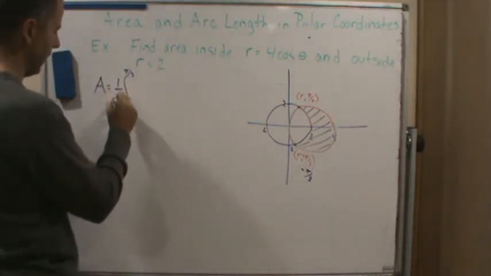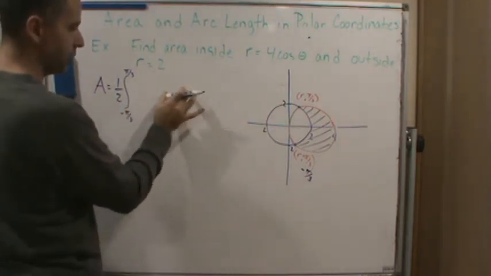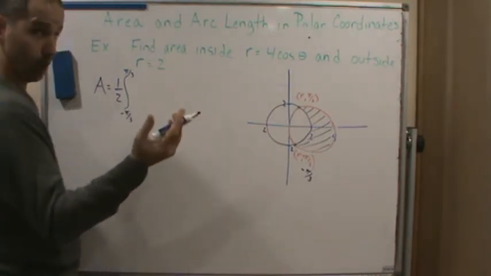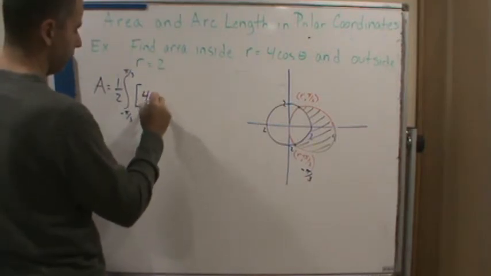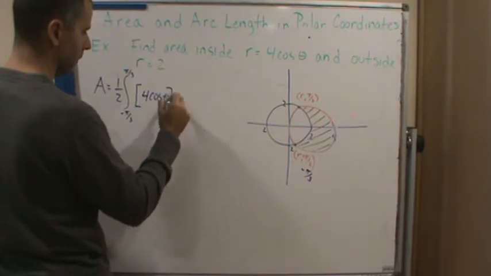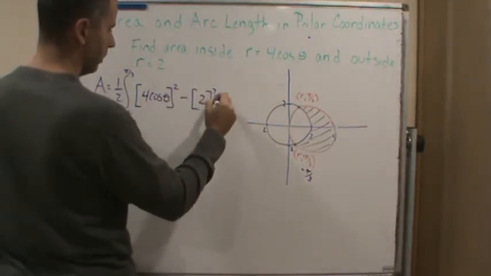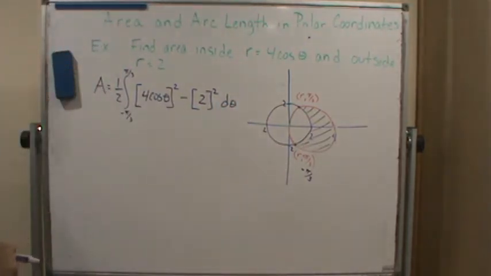Okay, so we're going to do 1/2. And now what are we going to do? We're going to take the difference of the 2 functions squared, right? Because that's what the formula is. So we're going to take 4 cosine theta squared minus 2 squared d theta.